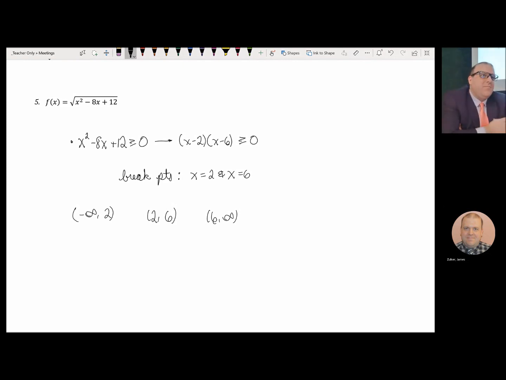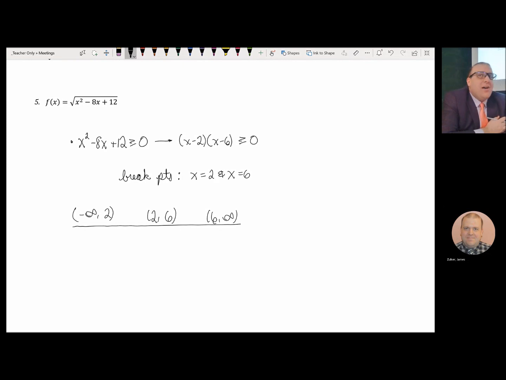Right, and then that's it. What you want to do now is test the sign of the polynomial within each interval. And again, remember, up to 2, it's either going to be strictly positive or strictly negative, right? Because the only way for it to switch sign is to actually pass through 0.